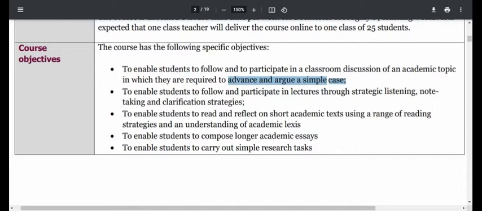Why am I focusing on this particular objective? Well, in some ways, this could be the most challenging because we're not in a physical classroom, but the digital space is just like the physical space in many ways.